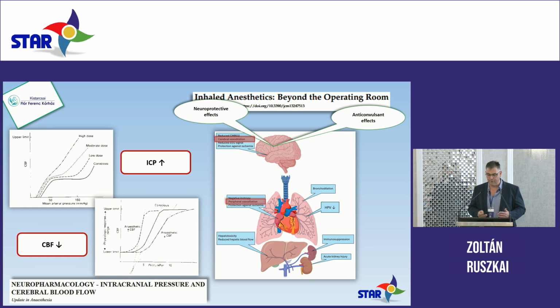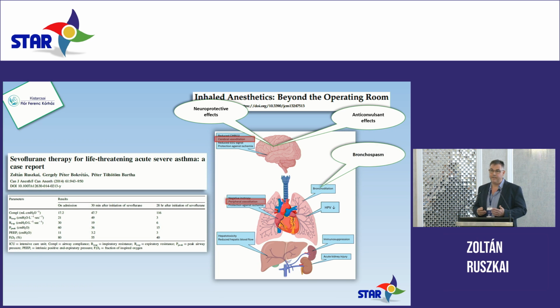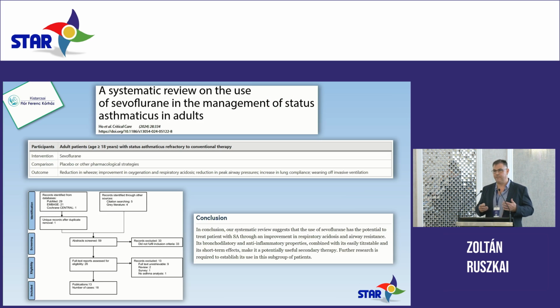conditions affecting the brain. However, they are very potent bronchodilators also, as we've seen in this nice paper from my group more than 10 years ago. And this is a quite new systematic review about sevoflurane use in bronchospastic conditions in ICUs.